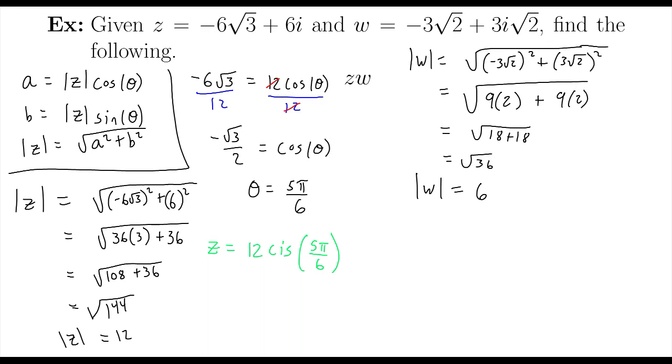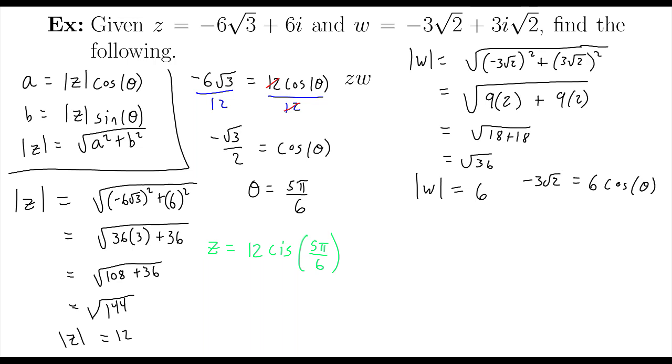Again, because we have a negative and a positive, we're going to say that this is quadrant 2. So I need to find an angle that is in quadrant 2. Let's use the cosine one again. a, negative 3 square root of 2, equals the magnitude of w, which is 6, cosine of theta. I'm using this formula here, except with w instead of z.